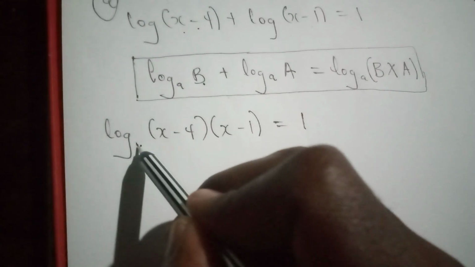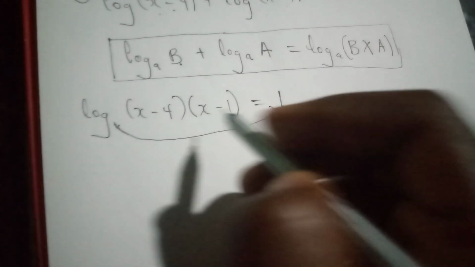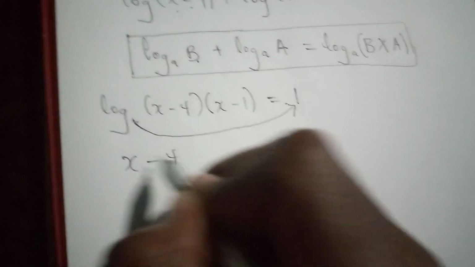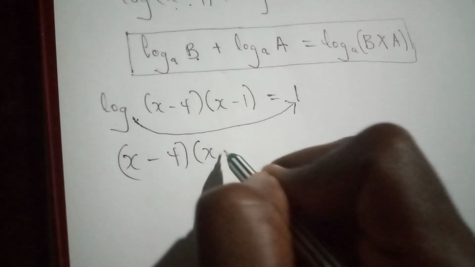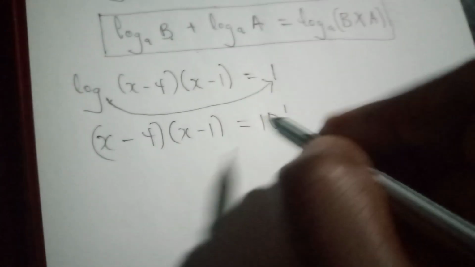So this 10 is going to shift, and I'm going to have x minus 4 times x minus 1 is equals to 10 to power 1.